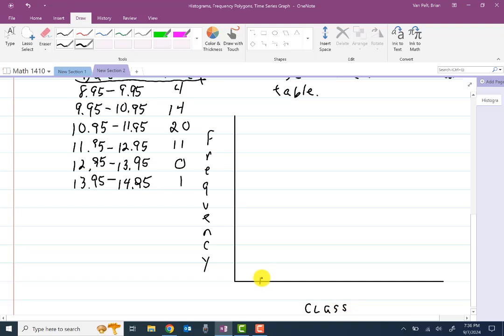So we'll start at 8.95. And once again, I have misjudged how far I was going to need.